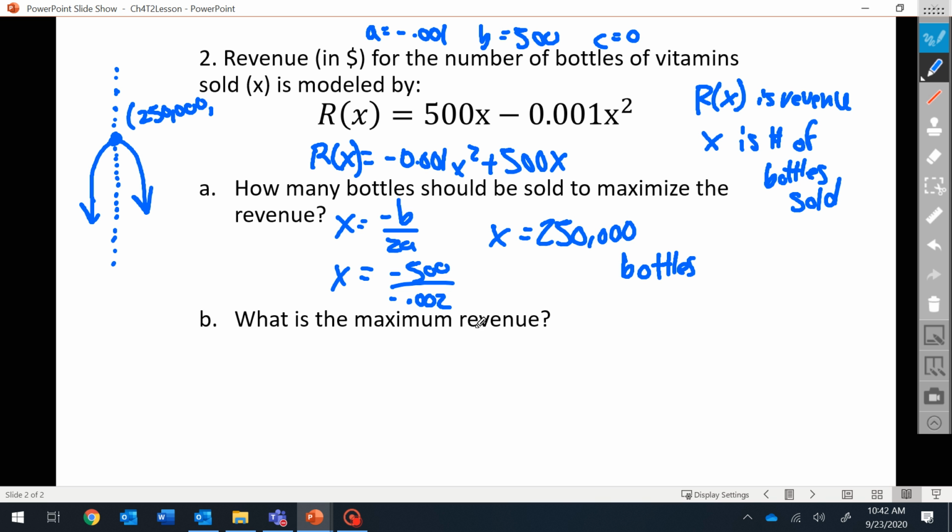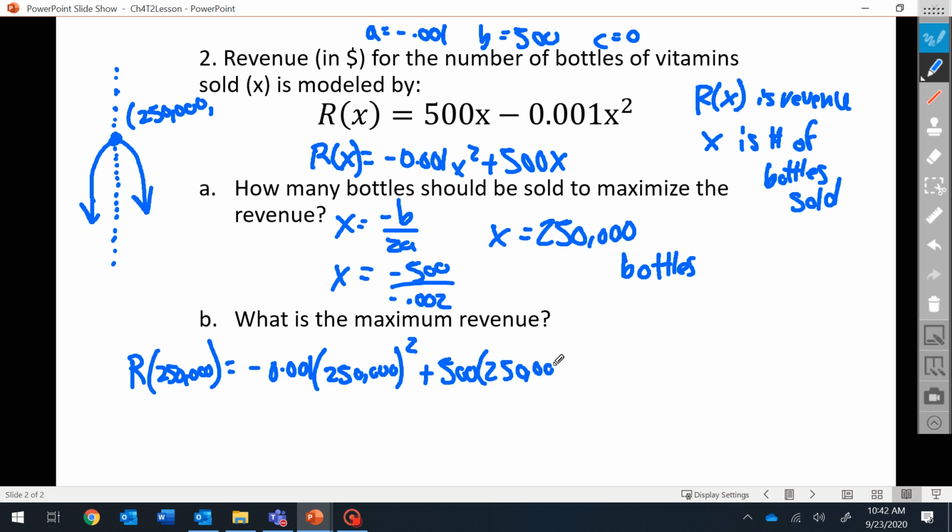The actual maximum revenue I will have to find out by substituting this into the function. So R of 250,000 equals negative 0.001 times 250,000 squared, which is going to be a huge number, plus 500 times 250,000.